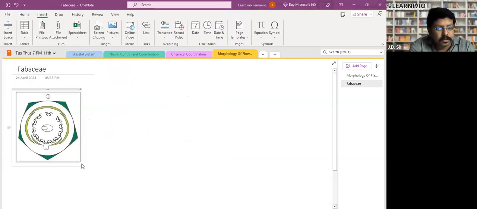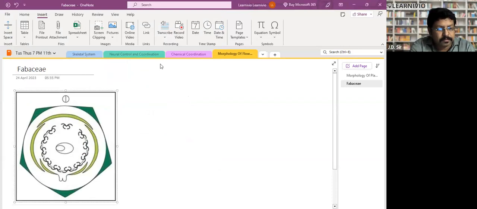Look, this is the floral formula of the Fabaceae.